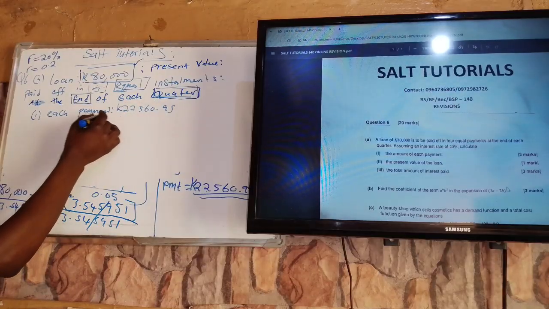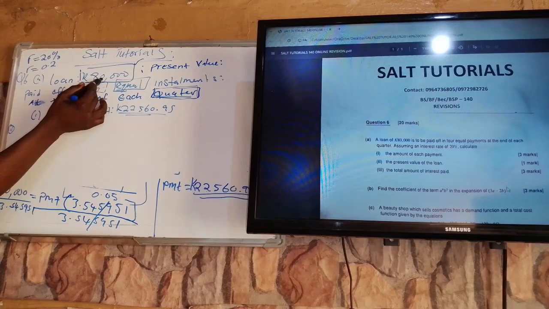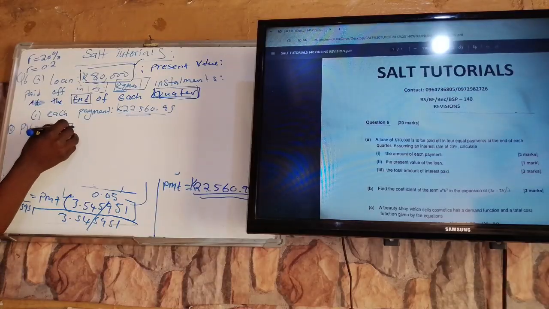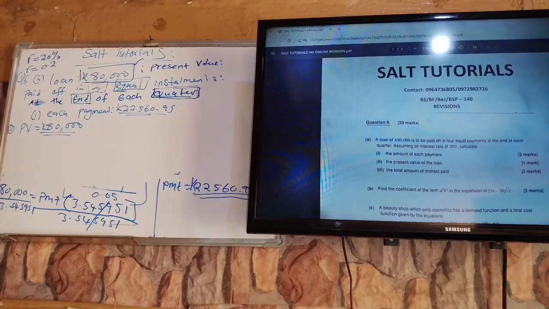That's each payment you're going to have. Question number 2 is very direct and straightforward. What is the present value of the loan? And it is just 1 mark. As we already said, the present value is the loan itself, which I receive right now. So the present value here is basically 80,000. Just 1 mark without stressing.